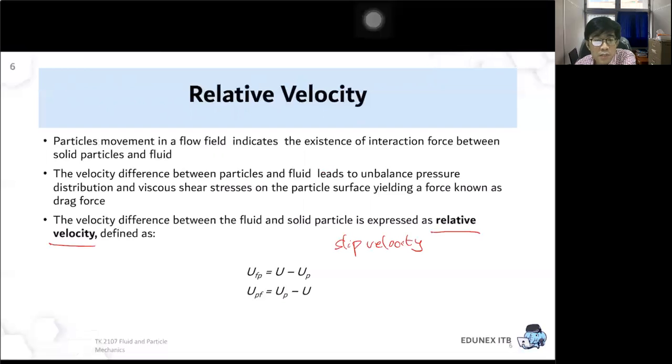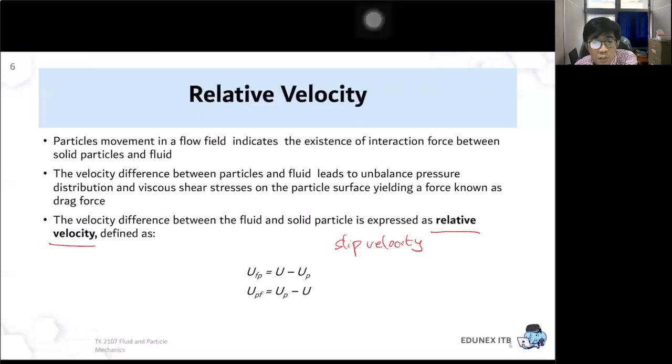So the relative velocity is the difference between the particle velocity and the fluid velocity. Why is the particle velocity not the same as the fluid velocity? I have mentioned to you earlier, right?